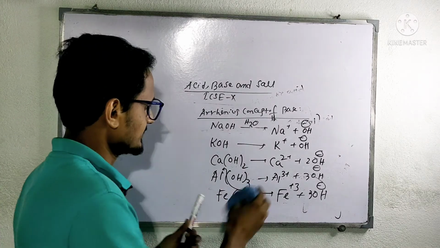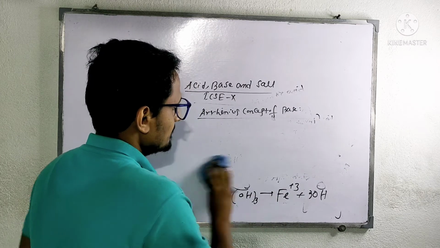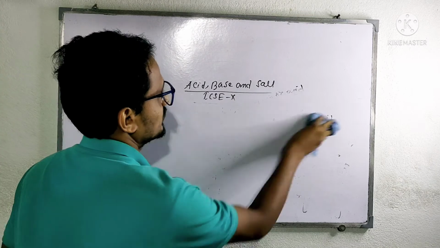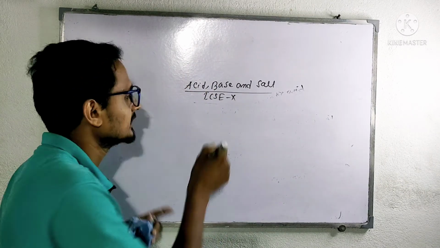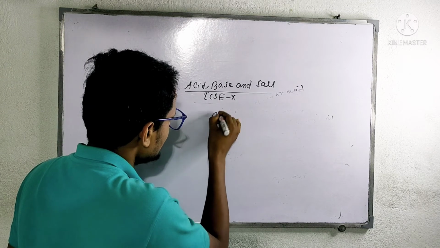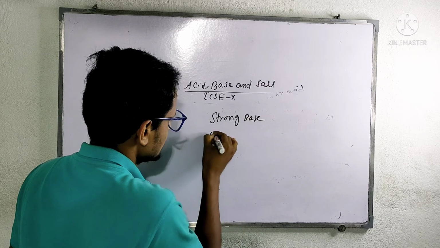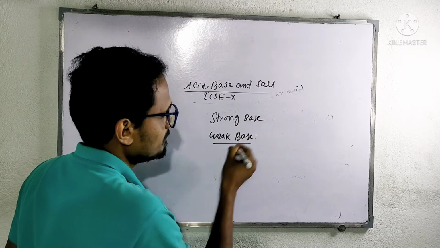Now I'm erasing. Same as acids, bases can be classified by how they dissociate in aqueous solution, completely or partially, like strong base and weak base. Strong bases have complete dissociation, and weak bases have partial dissociation.